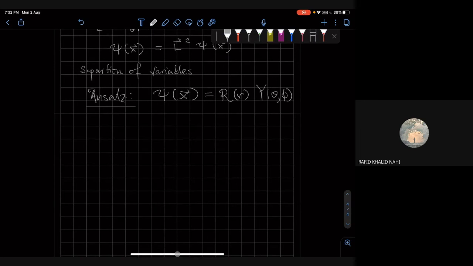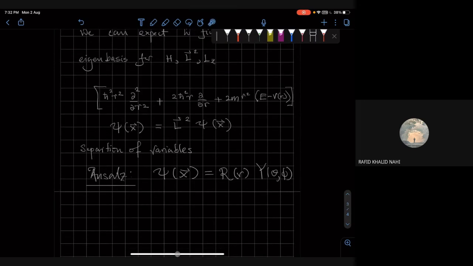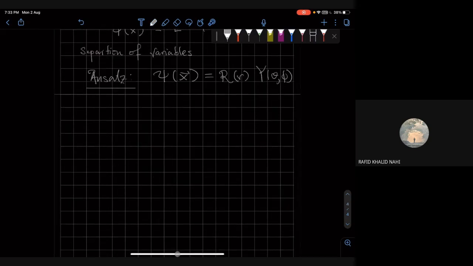Now, if I plug this in, the left-hand side will only act on this, and the right-hand side will only act on this. So we can divide both sides by this thing, and then essentially we are doing cross multiplication.